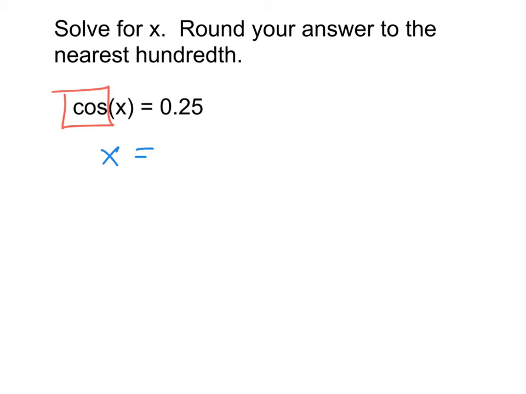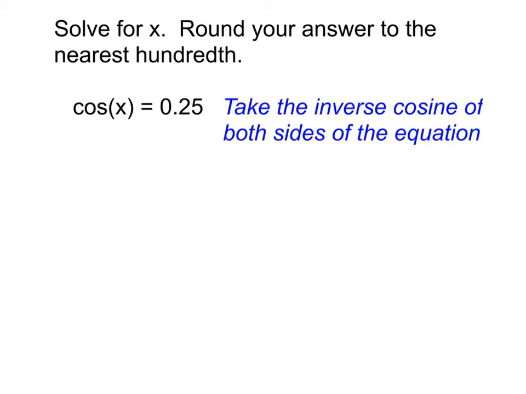Well, we actually do. When we want to know how to undo a function, technically what we're doing is we are doing inverse functions. And so in this case, if I want to get rid of the cosine, that means I have to take the inverse cosine of both sides of the equation. We saw inverse cosine earlier today.